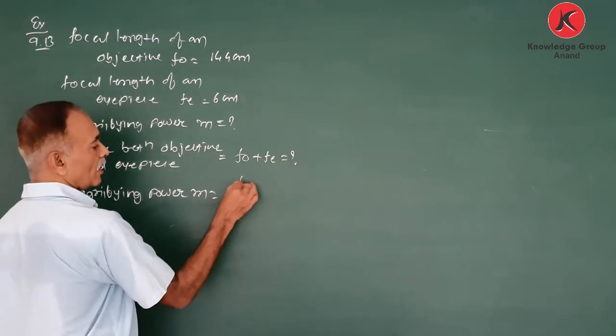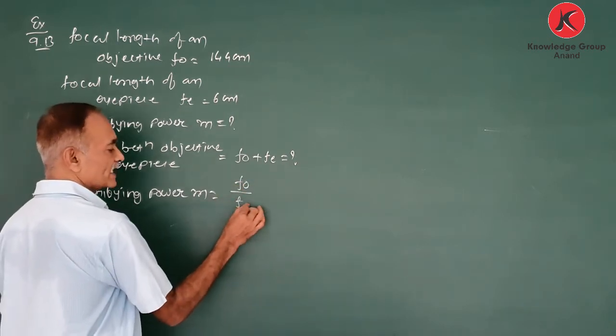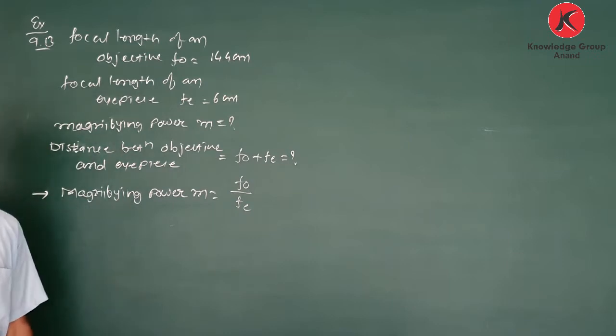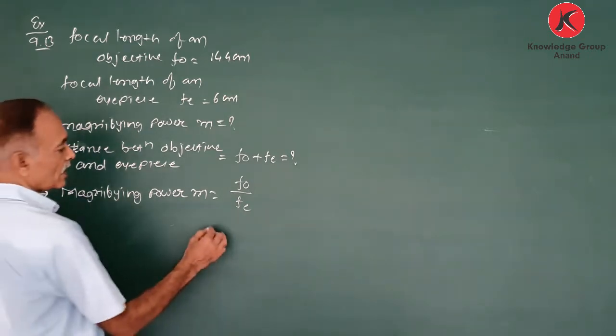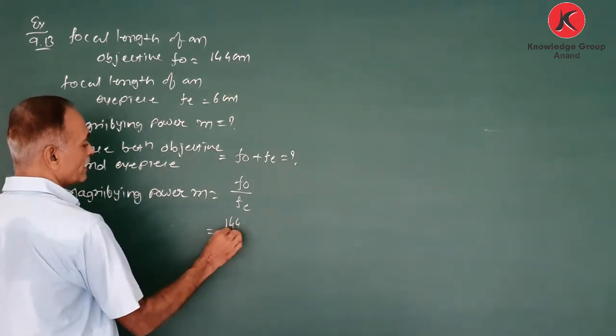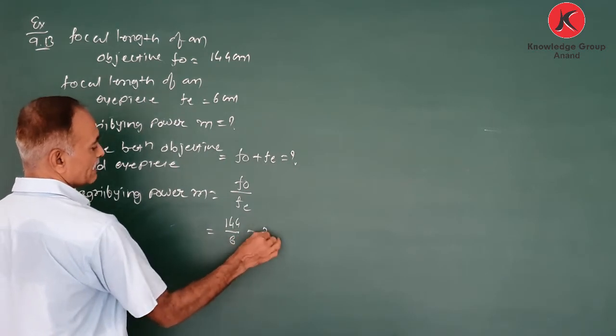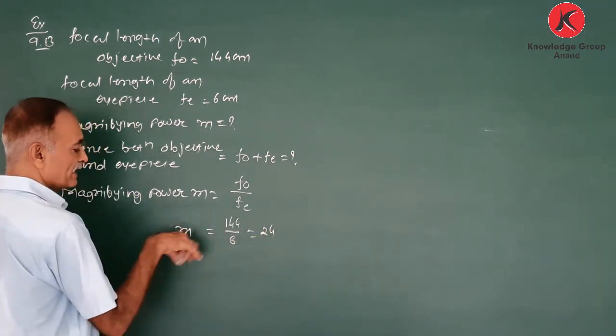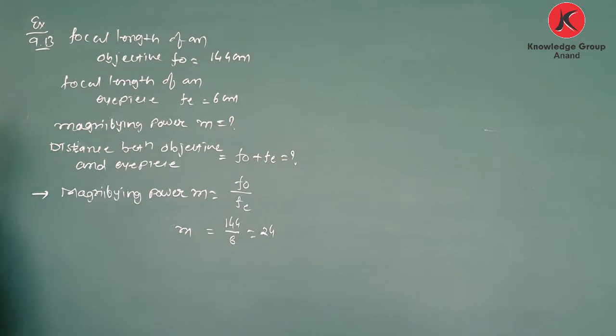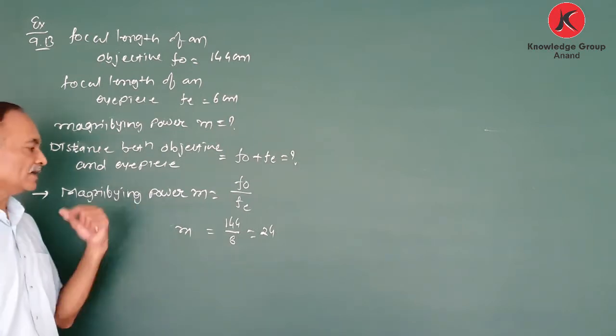The ratio of focal length of objective to the focal length of the eyepiece. Focal length of objective is 144 divided by 6. That means 24 is the magnifying power of a telescope.